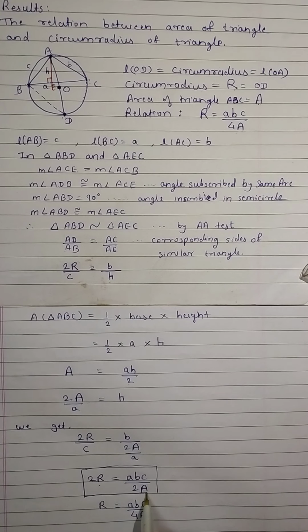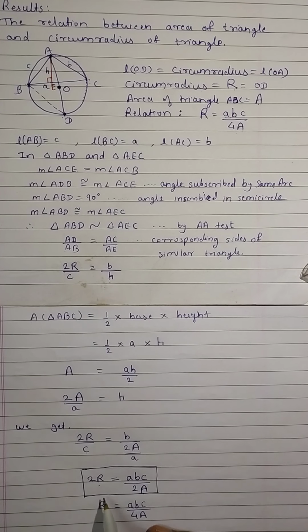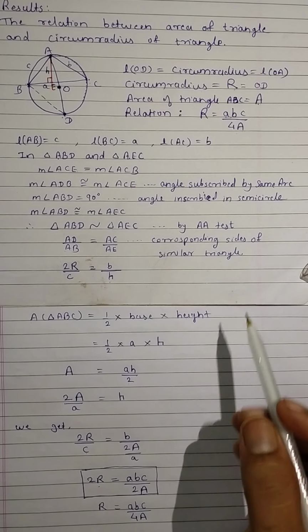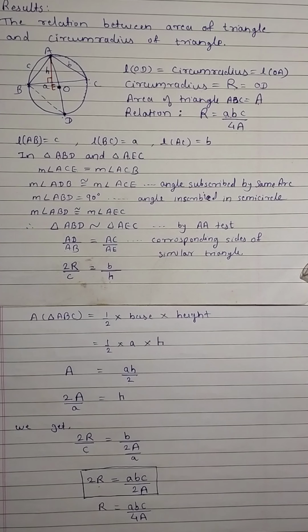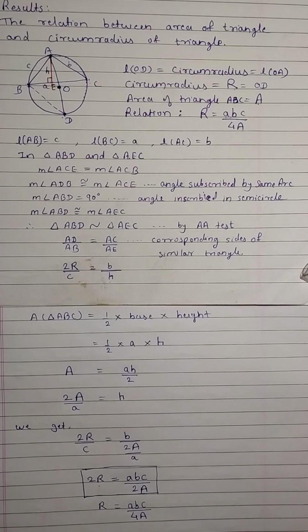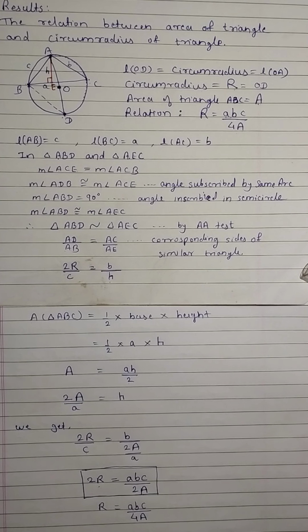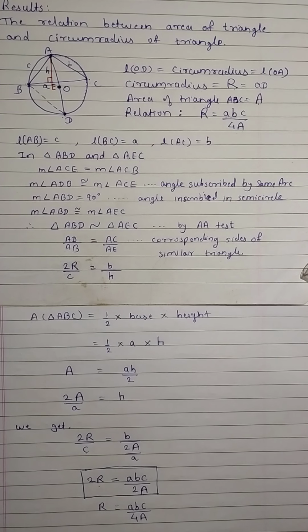And at times students get confused about how we got this relation, because they might have forgotten or they might not have studied this result in the previous education, and they try to remember or recite this result at the time of writing the rule. And you know that mathematics will not go with cramming, and they tend to forget this result.